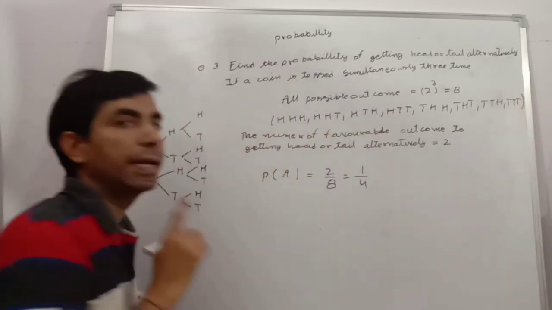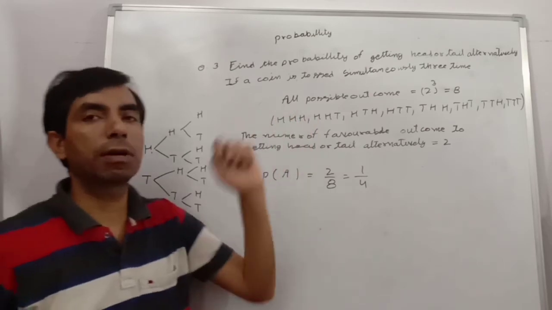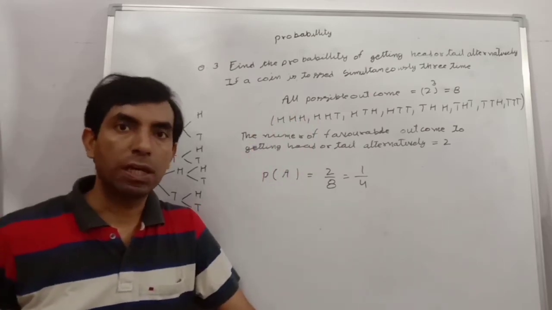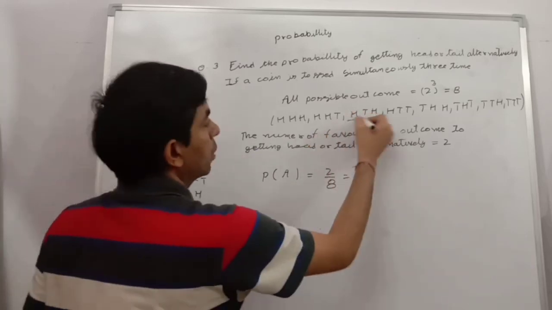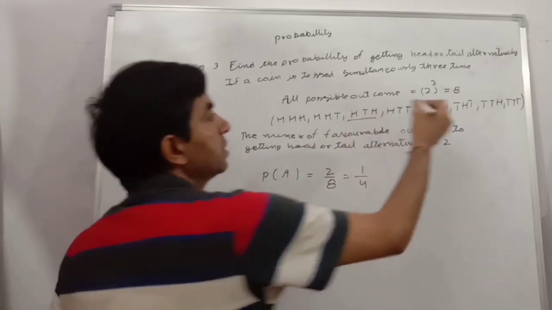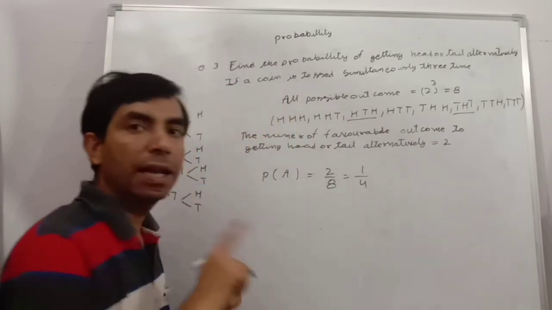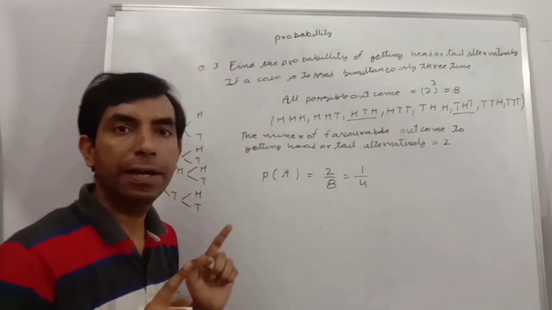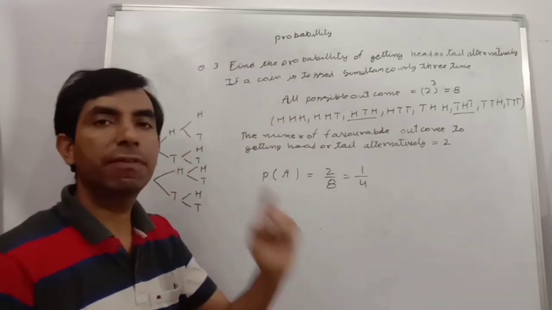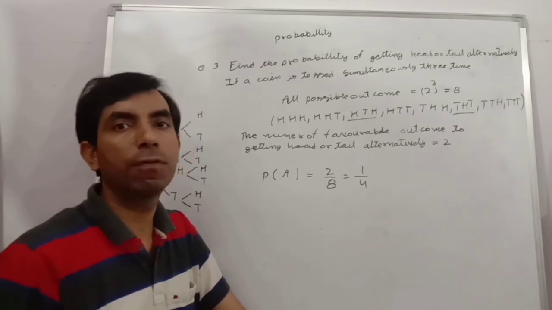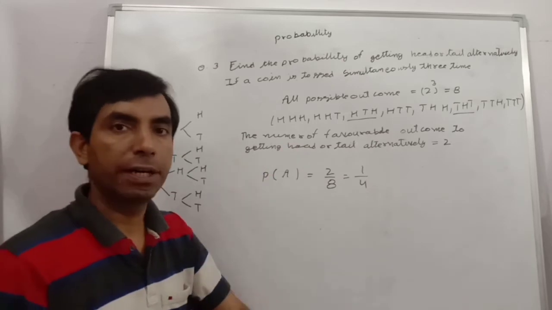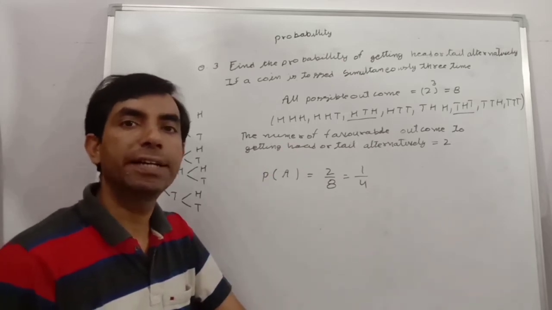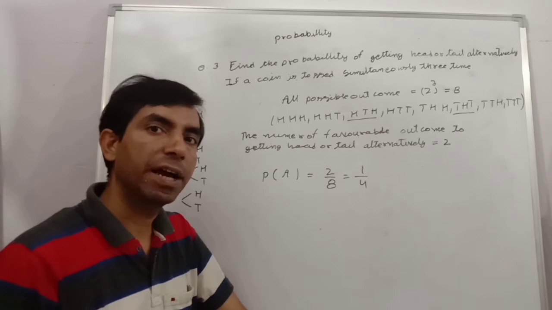These are the 8 possible outcomes for tossing the coin 3 times. So here we have only 2 alternate outcomes, first and second: head, tail, head and tail, head, tail. So by this method we calculate the probability of getting head, tail and head alternately if we toss the coin 3 times. So let's take another question.